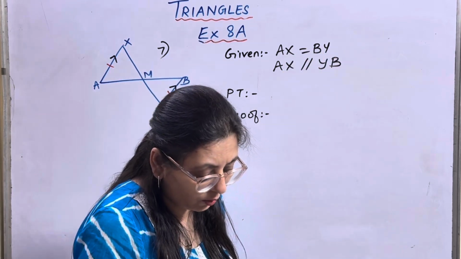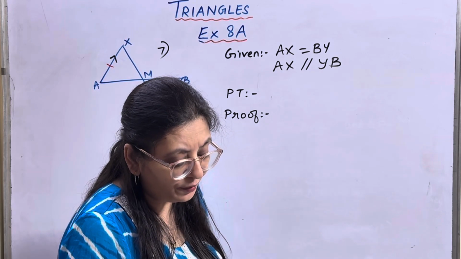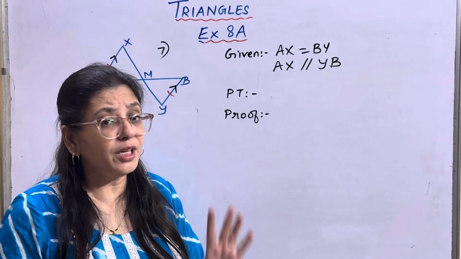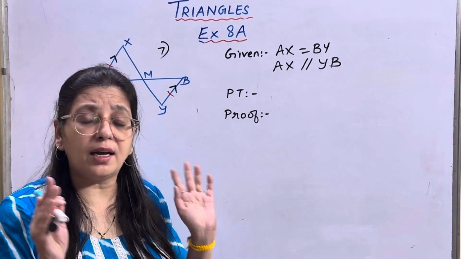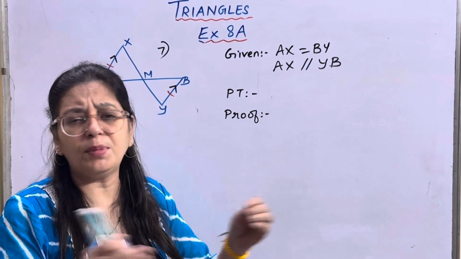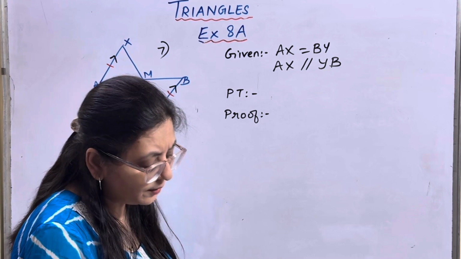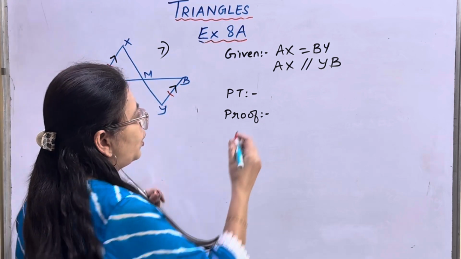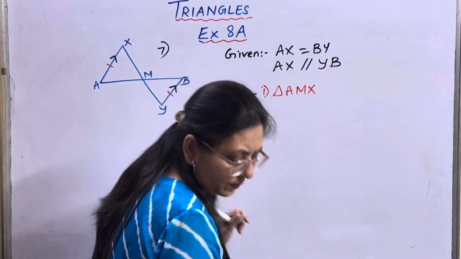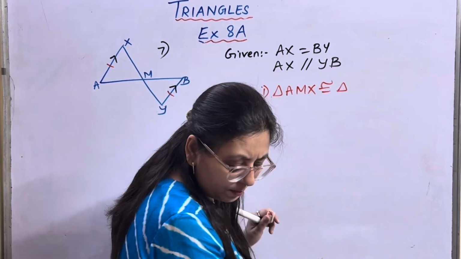Now, AB and XY intersect at M. They have not said they intersect at the equal half. M can be anywhere between those line segments. You have to prove that triangle AMX is congruent to triangle BMY.